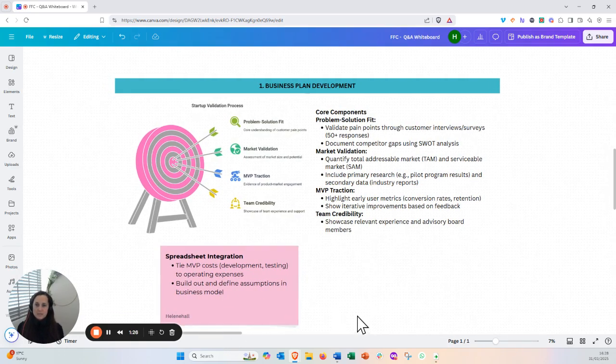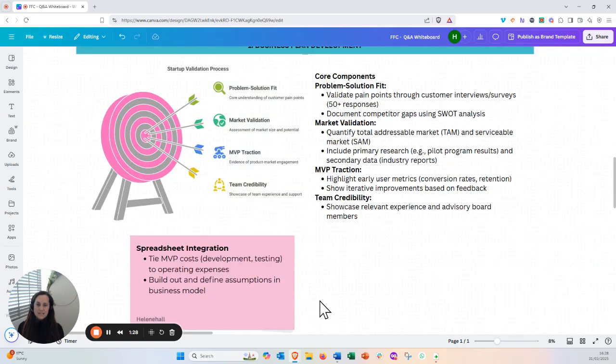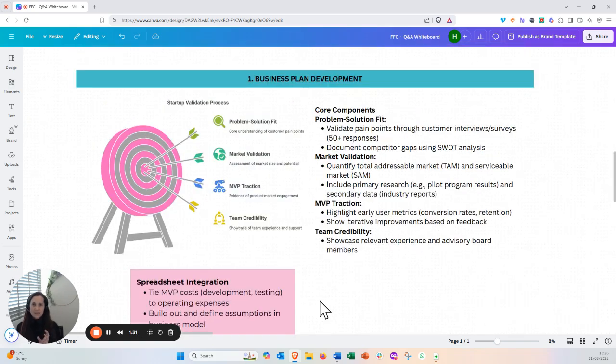So in terms of validating your business plan, it's really important to make sure that you have tested and you have data that supports your theory. So you've got this great idea, you're thinking about starting a business, and even if you're a bit further down the line, if you haven't done it, you really should go back and validate it.